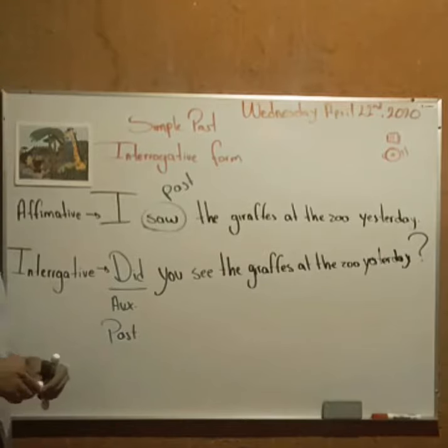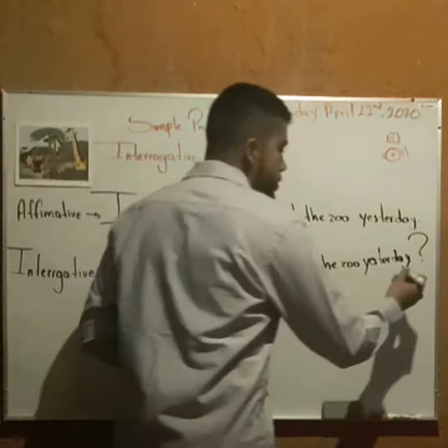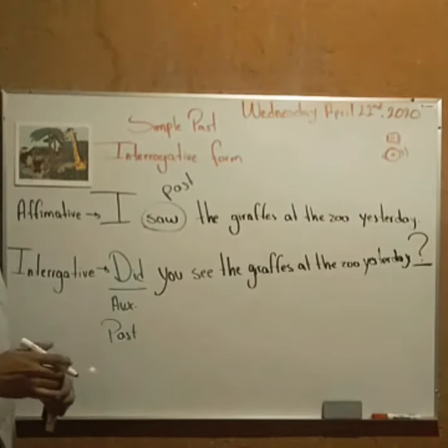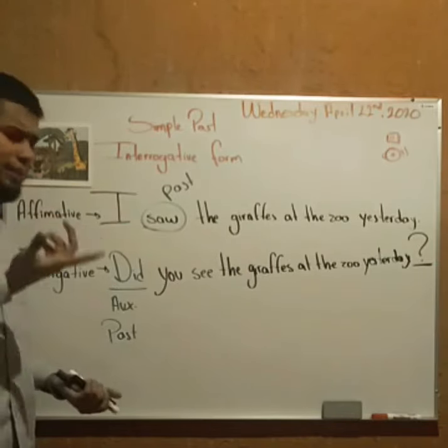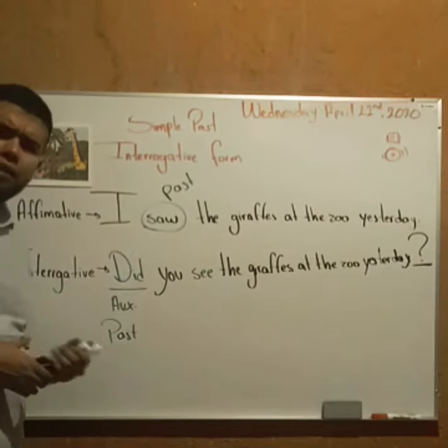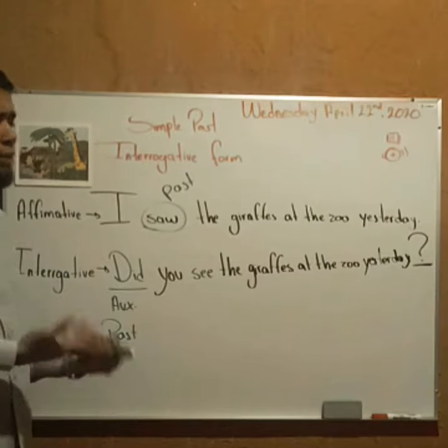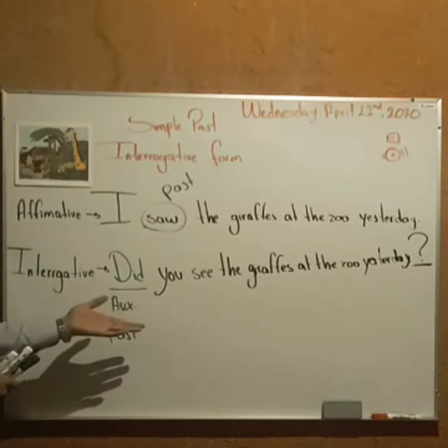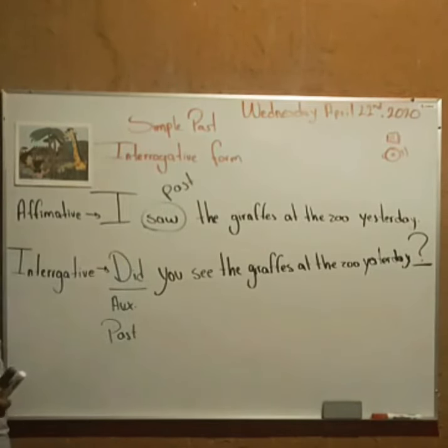Remember that in English, we only use one question mark at the end of the question. You don't need any extra question mark. So, my question is, did you see the giraffes yesterday at the zoo? Or did you see the giraffes at the zoo yesterday? The order, never mind. So, this is one question in simple past.